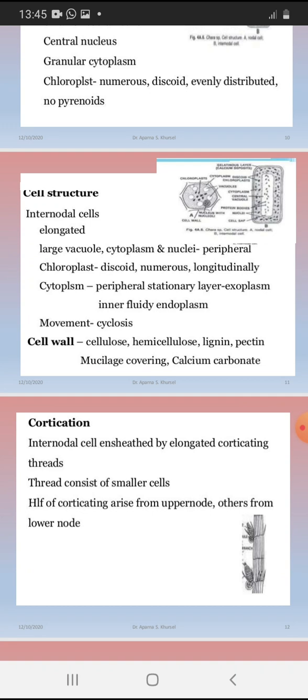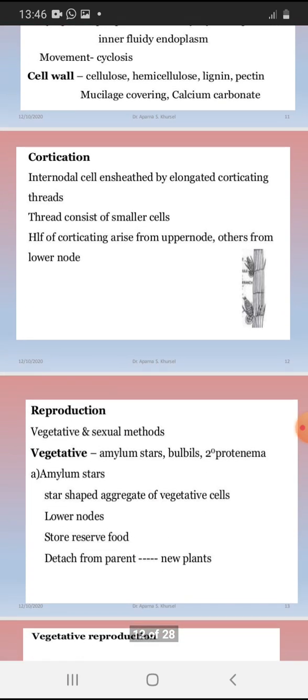Chloroplasts are numerous and disc shaped. The cell wall is double layered and shows the presence of cellulose, lignin, pectin along with the deposition of calcium carbonate. The internodal cell is enveloped by long elongated threads and those threads are called cortical threads.